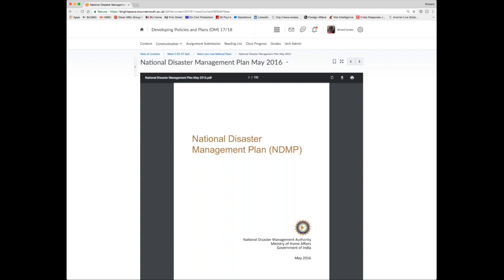Another reason why response has often been neglected as part of national disaster management plans is because the focus of risk reduction has gone to the ISDR, the International Strategy for Disaster Reduction. Response sort of moved to OCHA, which is the Office for the Coordination of Humanitarian Affairs. But as you'll remember from CPD4, OCHA's role is to coordinate external assistance.